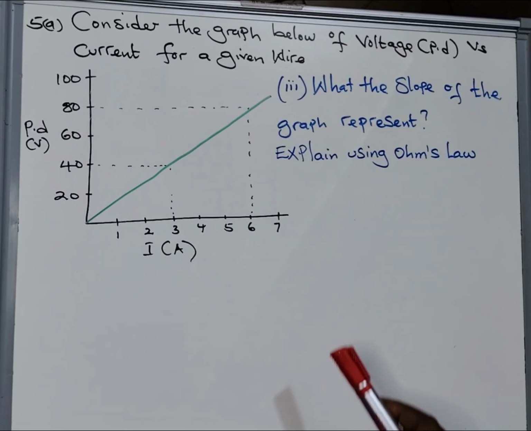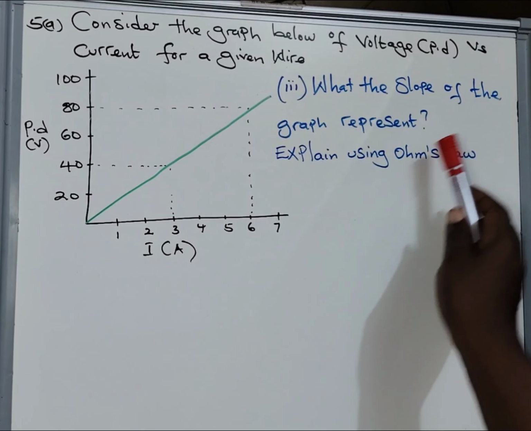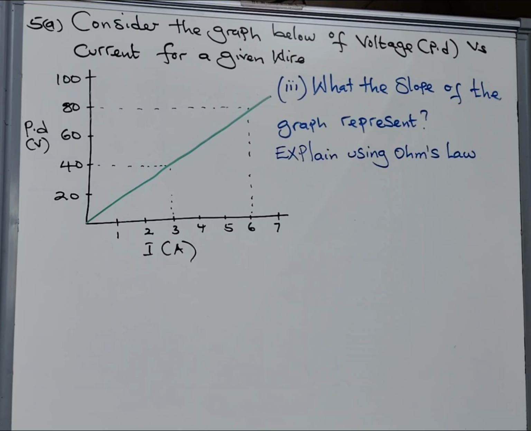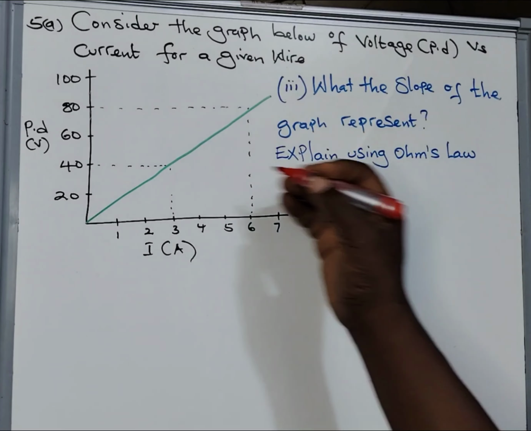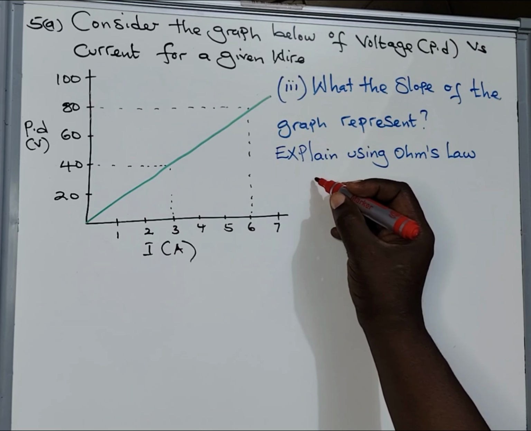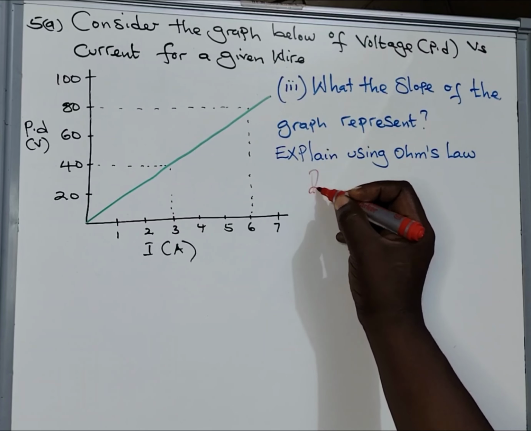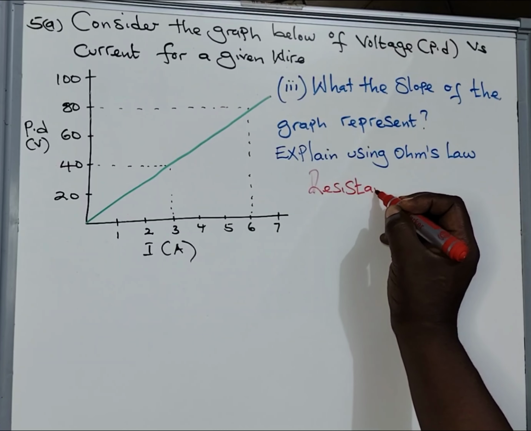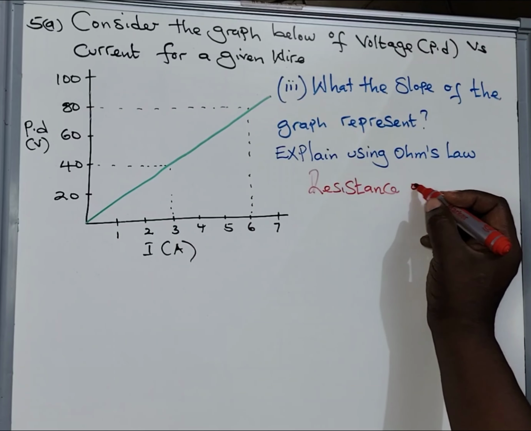Then comes this question. It says, what does the slope of the graph represent? Here the slope represents the resistance of the conductor.